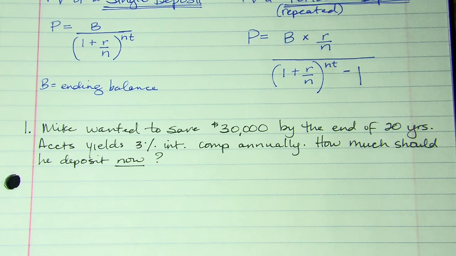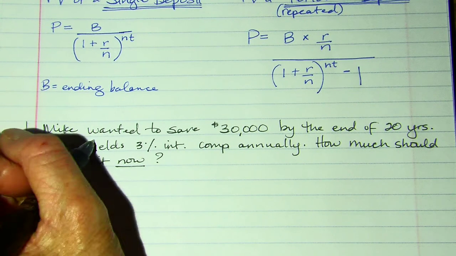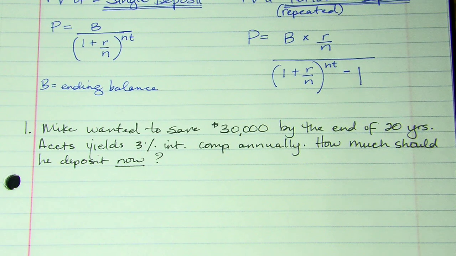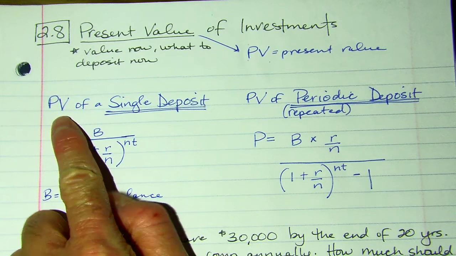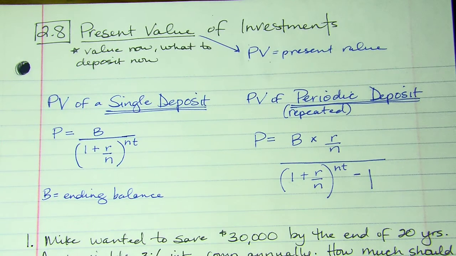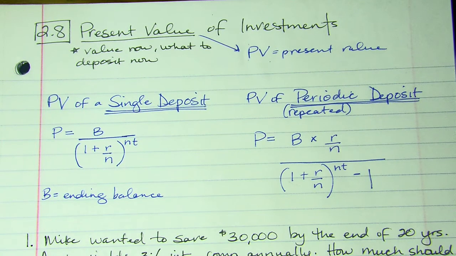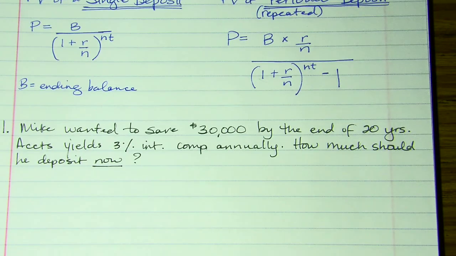So the reason why this isn't a future value is because he's not asking what will be in his account years from now. He's asking, what do I deposit right now? And that's why this would be called present value. Now, we're going to use one of these formulas, but it depends on how often he's making a deposit. It says, how much should he deposit now?